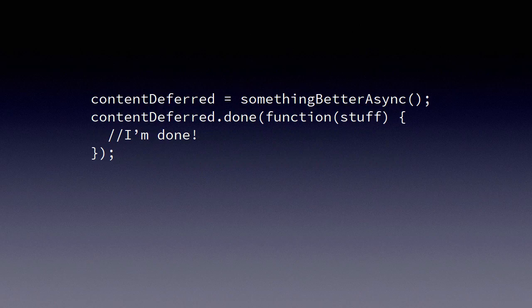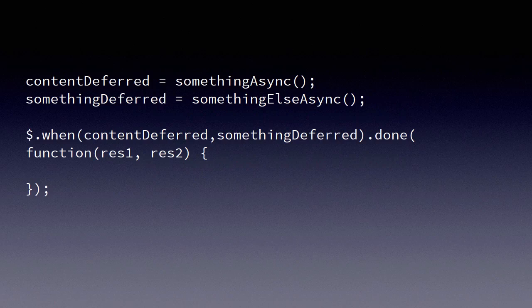If our API, if whatever function we're running, returns to us a deferred object, then we could treat that like a result and say, you know what, when you're done, I want you to do something. Now, this particular code example may not look a lot shorter and a lot simpler than the earlier examples, but once we begin adding more layers of complexity, working with multiple different asynchronous stuff, this will become a lot easier.